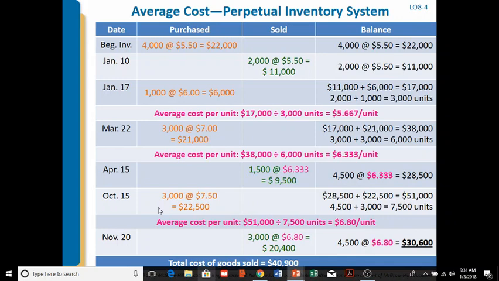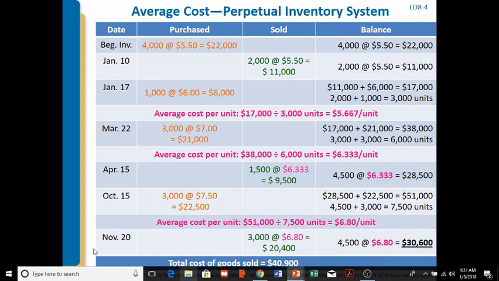And so then on October 15, we purchased 3,000 units at $7.50. So we're going to add the 4,500 units we had before the purchase to the number of items just purchased. So it's going to be 7,500. And we're going to divide the total amount of the inventory we had on hand before plus the cost of this purchase, 22,500, by the number of units we have on hand.